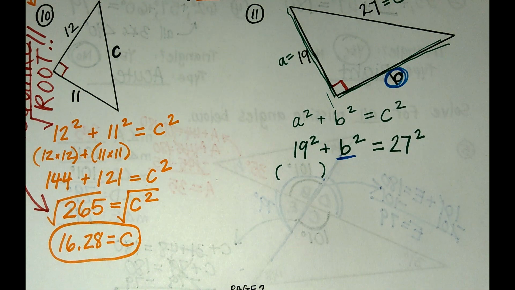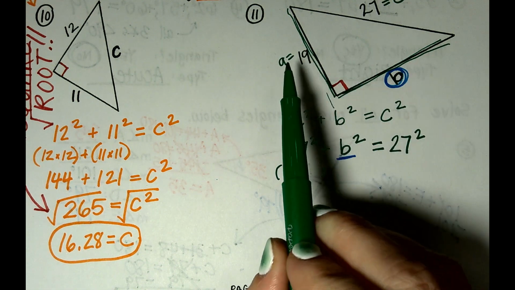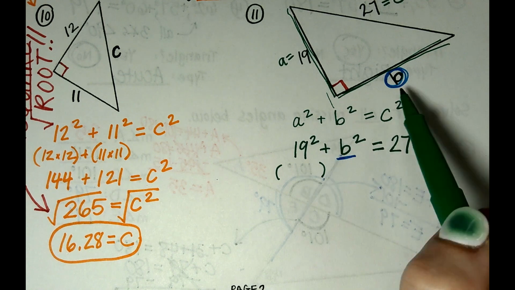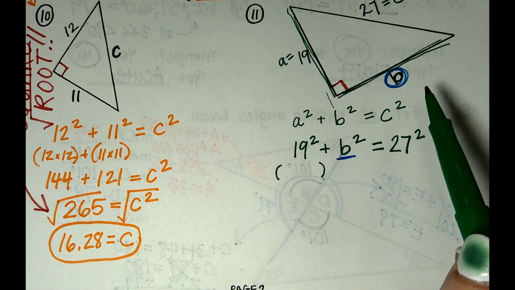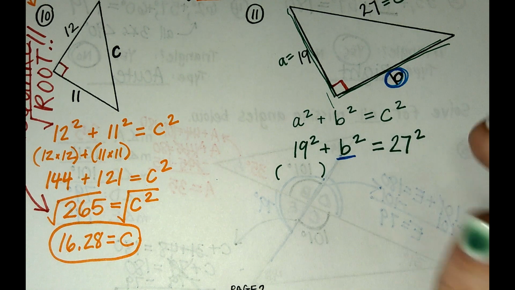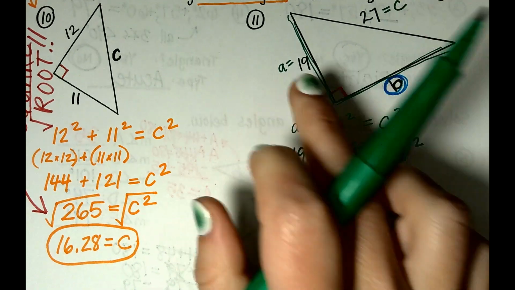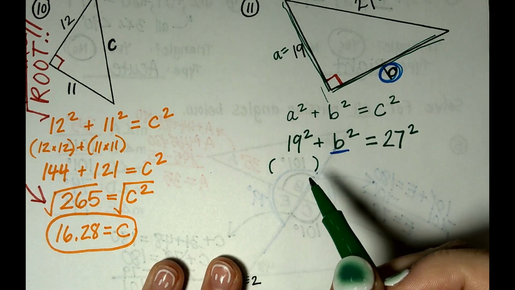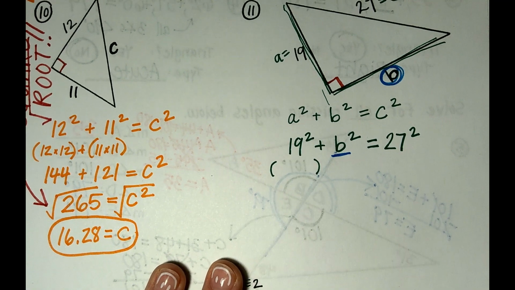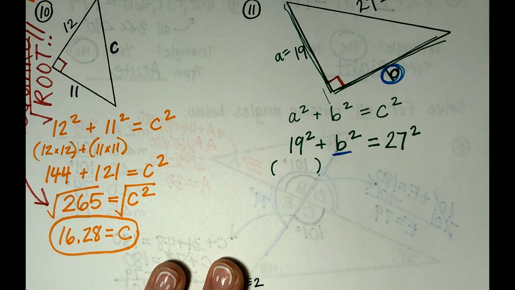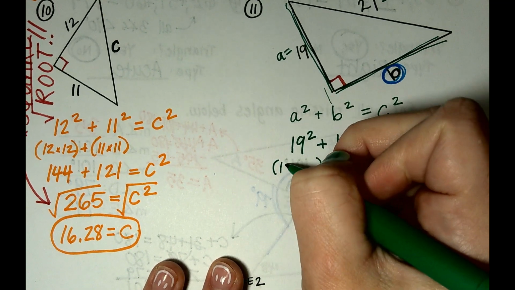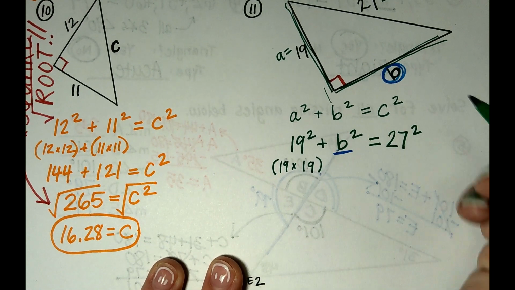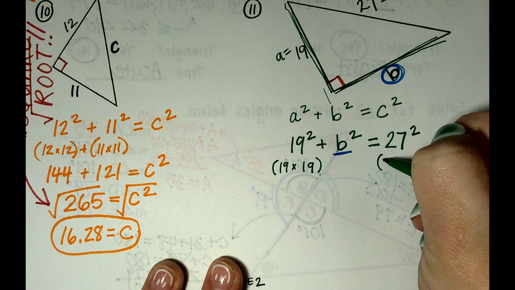Normally we're solving for C, and it doesn't matter which one's A or B. But this time, we don't know B. So it does matter. Okay. So 19 squared, what does that mean? 19 times 19. Okay. And then we'll do the same thing with 27.